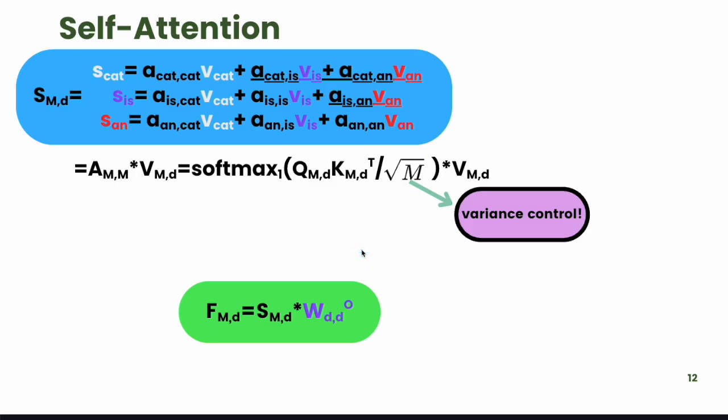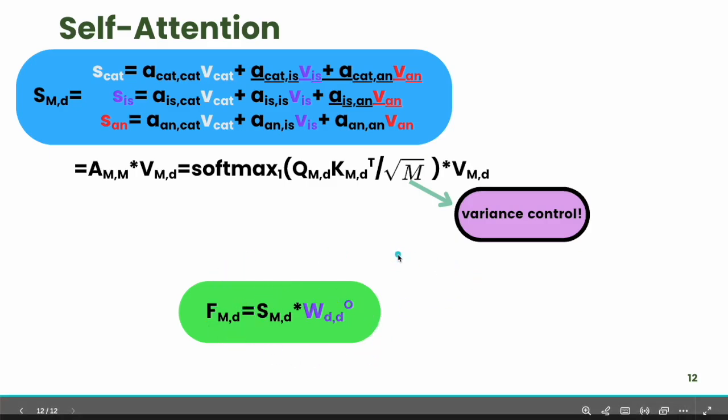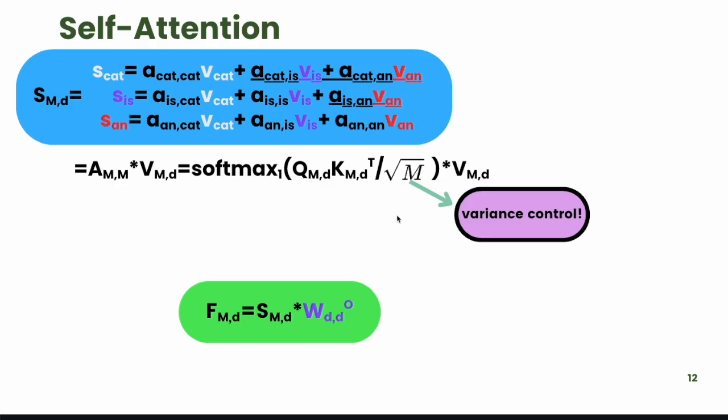This matrix again helps us generate a richer representation of these linear combinations. But one thing you should note is we're not introducing any interactions between the different words anymore. So whenever we multiply by the weight matrix from the right, we are not introducing any interactions between the different rows of the matrix S. So this operation again is very similar to what we did earlier. So that's the output from the self-attention layer, and in the next video I'll discuss how this output is passed along through the different layers to create the output that we're looking at.